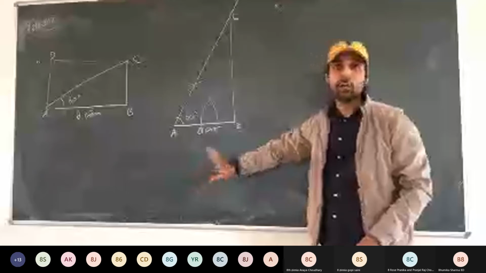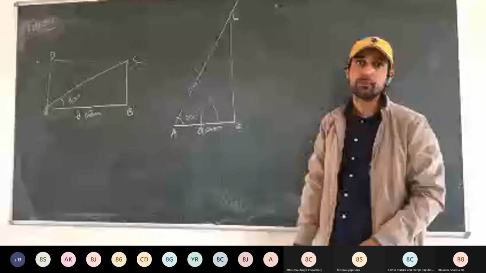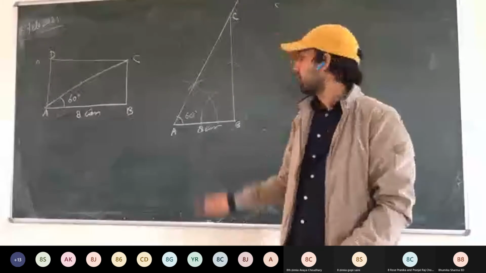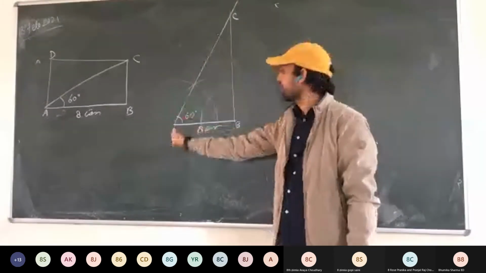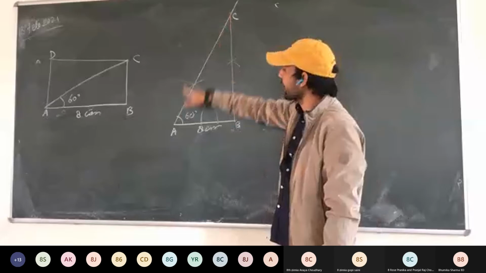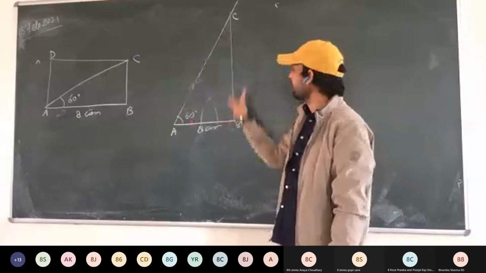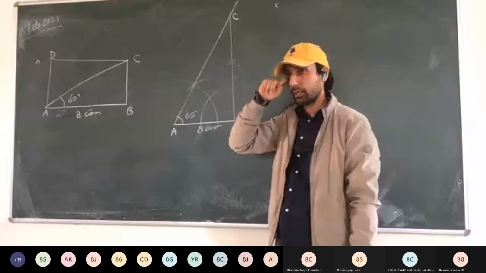Then draw it again. I told you to leave a good amount of space on top. So start from the beginning. Wherever these two lines meet, we got the diagonal AC and the side BC.